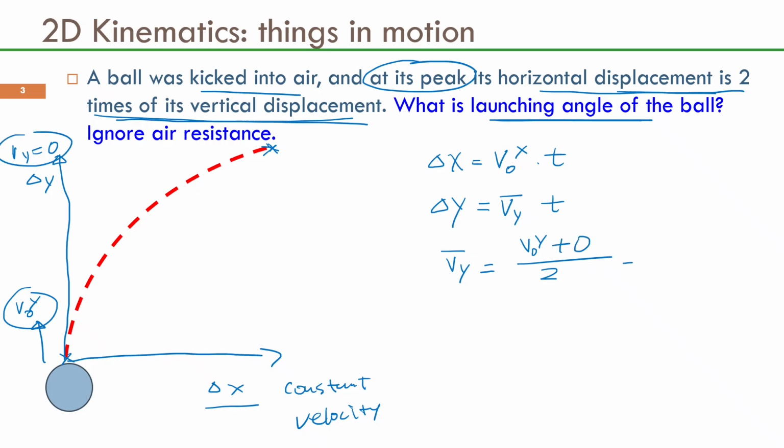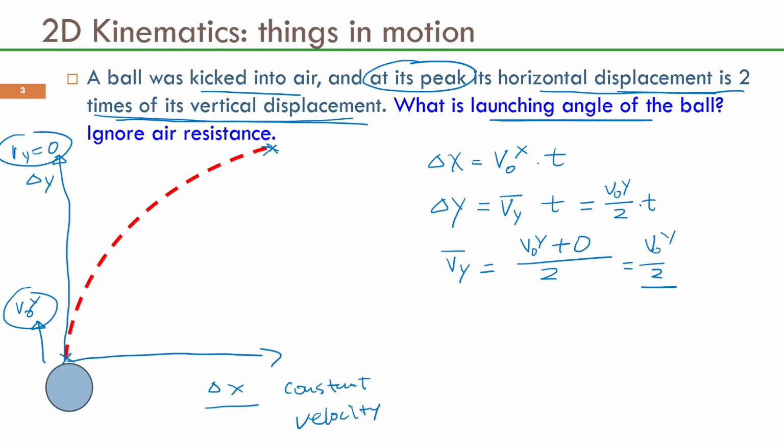So that means my average vertical velocity is half v0y. If I substitute this quantity into this equation, I get half v0y times t. That is my vertical displacement.